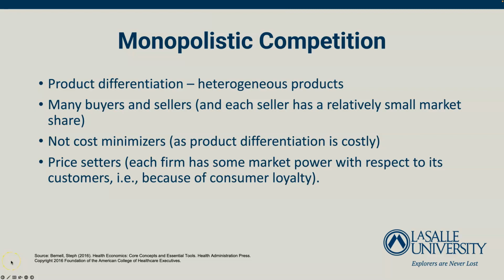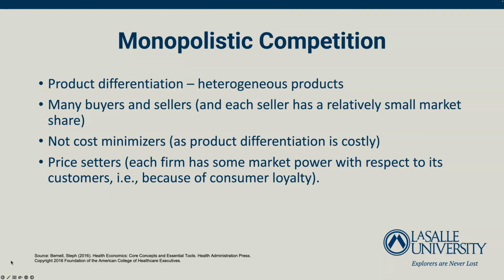Under monopolistic competition, we also have product differentiation. So firms are producing heterogeneous products, and one could point to the restaurant industry as being a good example of a monopolistically competitive industry. There we have many buyers and many sellers, and each seller has a relatively small market share.